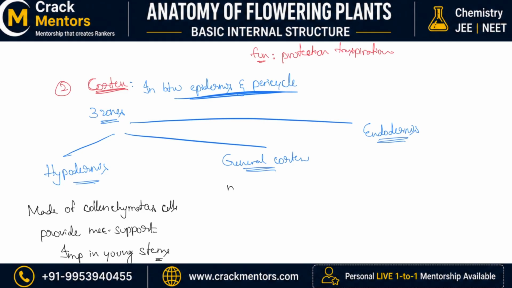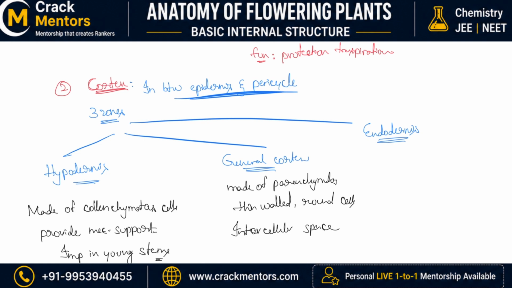Coming to the general cortex, the general cortex is made of parenchymatous cells. These parenchymatous cells are thin-walled round cells and they have intercellular spaces in between.